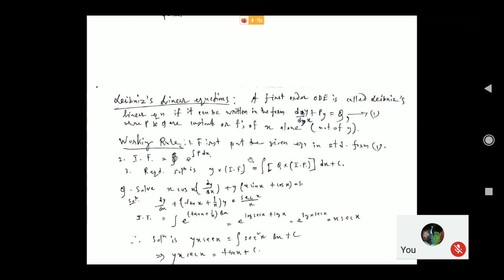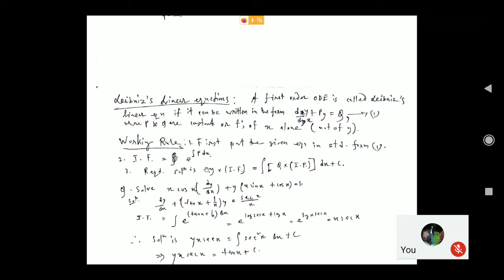If it is Leibniz linear equation, then directly we can write the integrating factor. The integrating factor will be e to the power integration P dx. The role of the integrating factor is that it helps us to reduce the given equation into exact form. The given equation will very often not be exact, but we can always find an integrating factor by several methods.